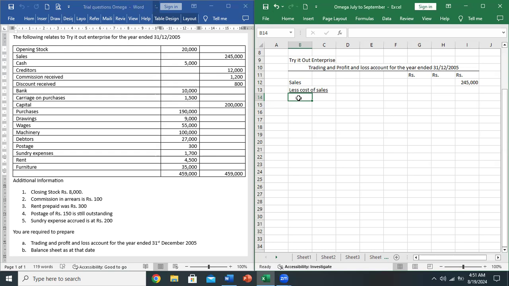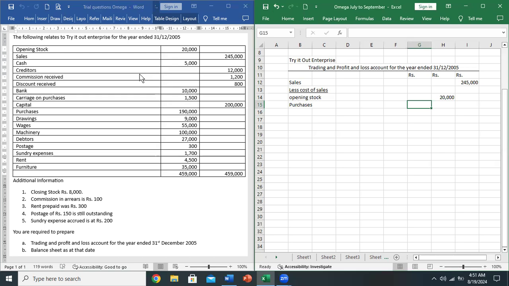So our opening stock. Okay, so opening stock. That is in the question. Then so you give me the figures as and when you mention them. So the opening stock is 20,000. Then what do we do next? We input the purchases. Okay, the purchases. Where should I put it exactly? The first column.